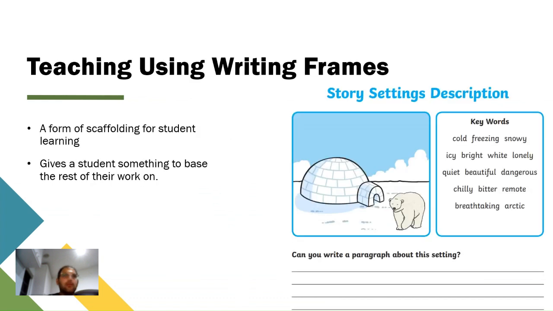The next idea is the use of writing frames, and these are a form of scaffolding that the students can rely on to help write. It gives the students something to base their sentences on, and something to formulate their ideas with instead of just writing from scratch. I think a great way to describe this would be, the teacher provides part of the sentence.